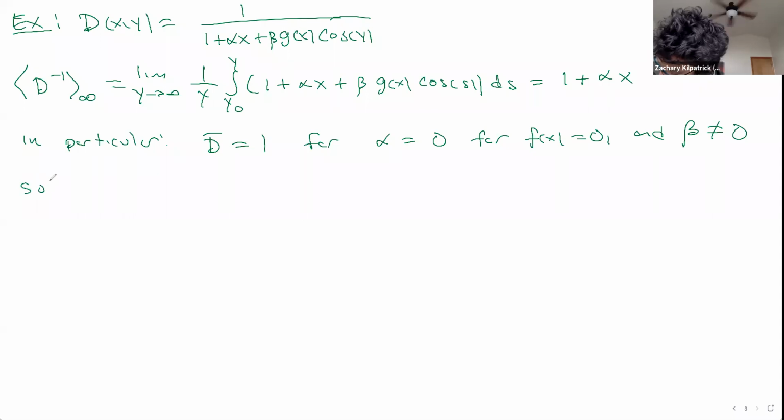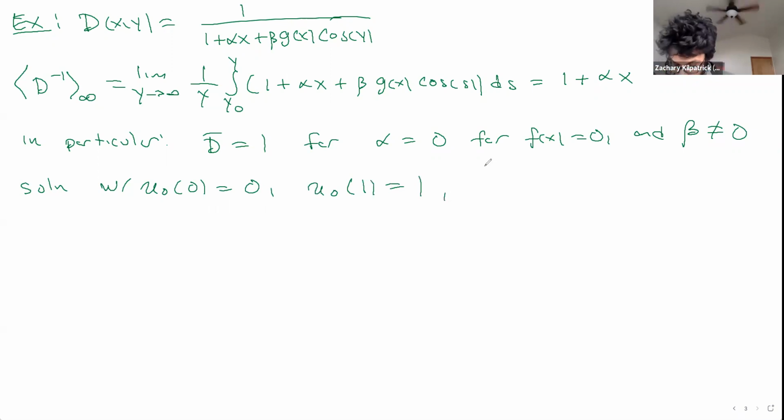So the solution that we get with u0 of 0 equals 0, let's say, and u0 of 1 equals 1, we get that the inhomogeneity essentially doesn't appear at all in our averaged equation.